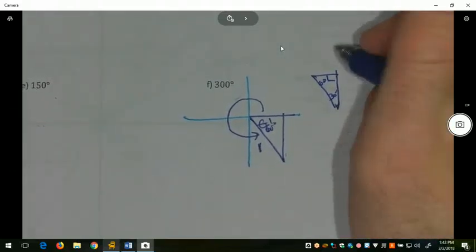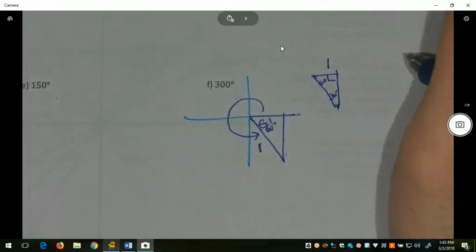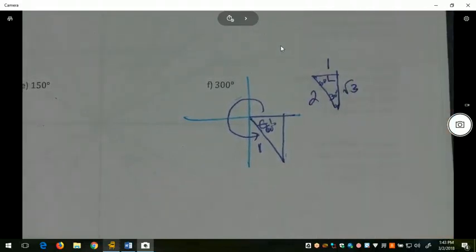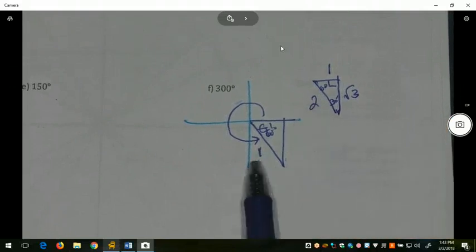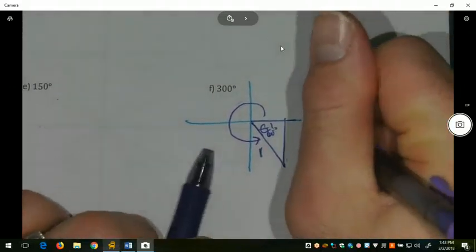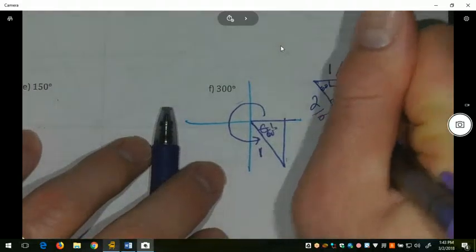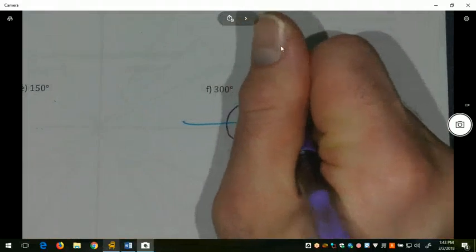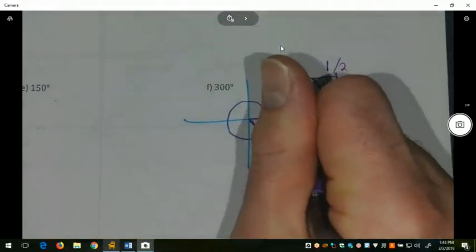For the one we memorized, it was 1, 2, and the hypotenuse was the square root of 3. The only thing is now the hypotenuse is 1 instead. So they just took all of these terms and divided them by 2 to create the triangle that we have right here with a hypotenuse of 1. So this is the 1/2, and this is the square root of 3 over 2.